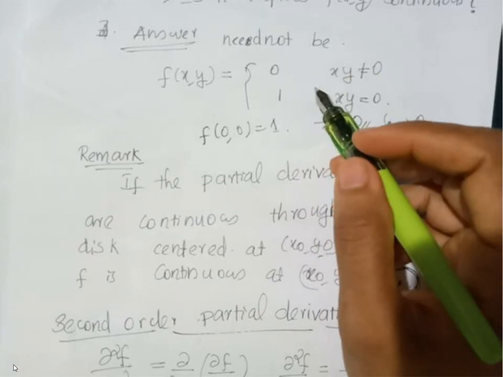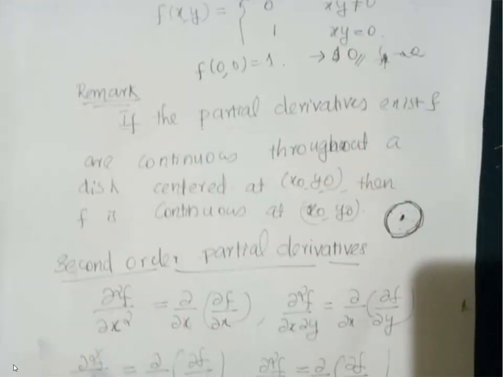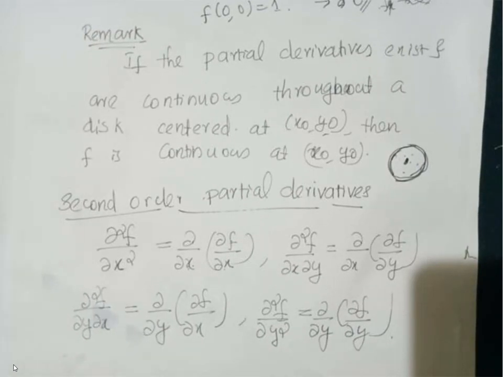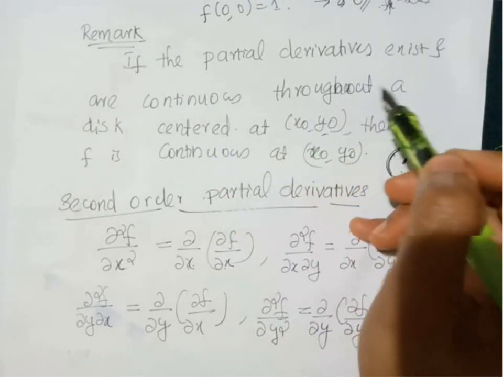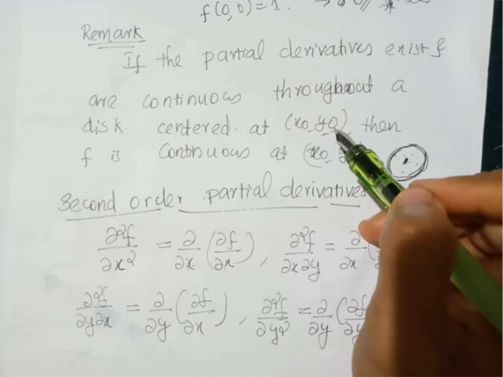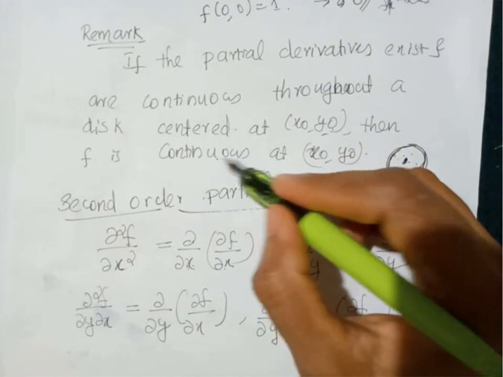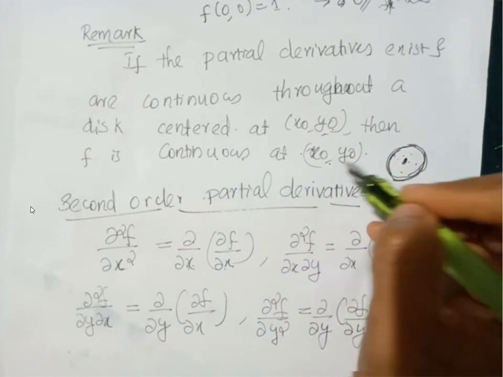Then what will be the condition for that? A function whose partial derivatives exist at a point x naught y naught, when does it imply continuity? If the partial derivatives exist and are continuous throughout a disk centered at x naught y naught, then we say that f is continuous at the point x naught y naught.